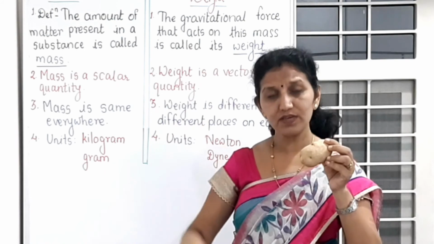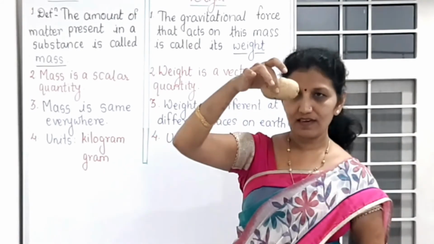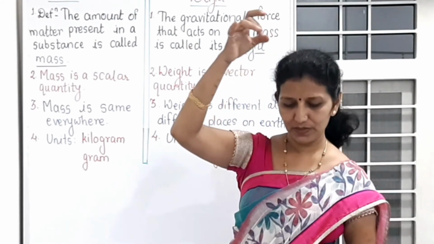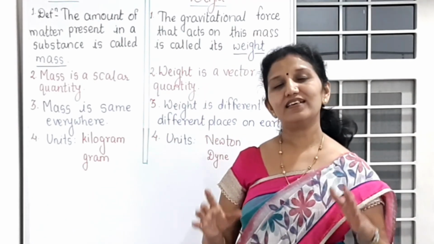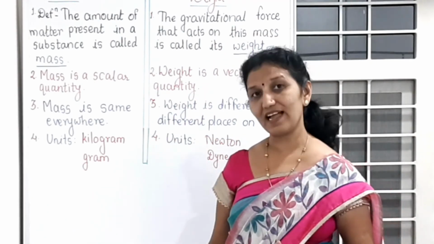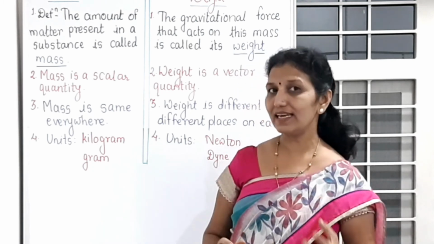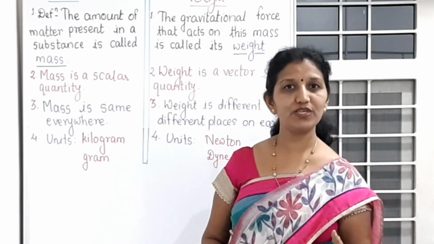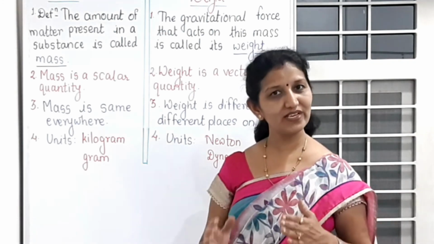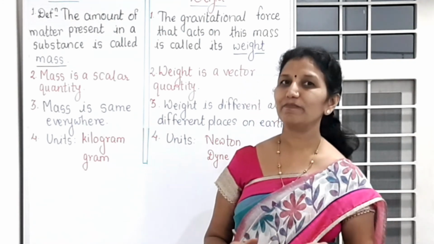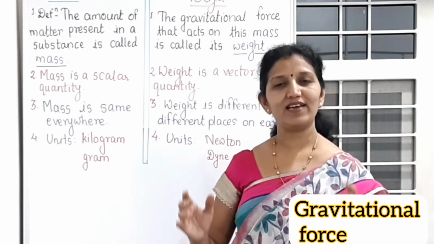It will not go straight. But if I drop this potato, it will go straight. Why? Because the gravitational force on this light object was very less, whereas the gravitational force on this potato was more than that. That's why there was the difference while coming down.